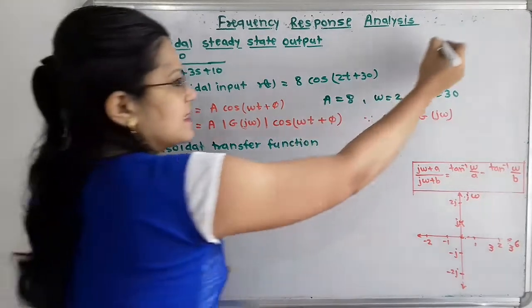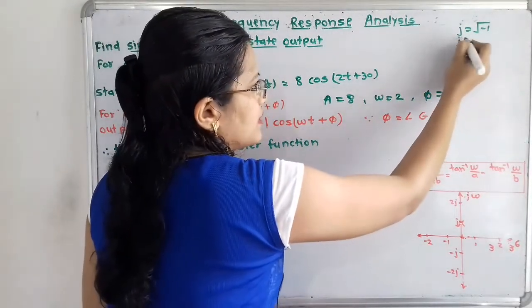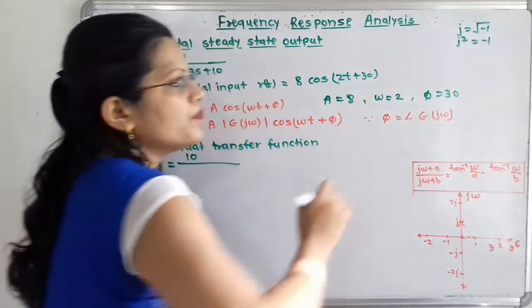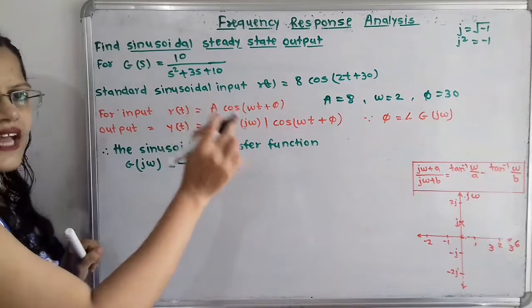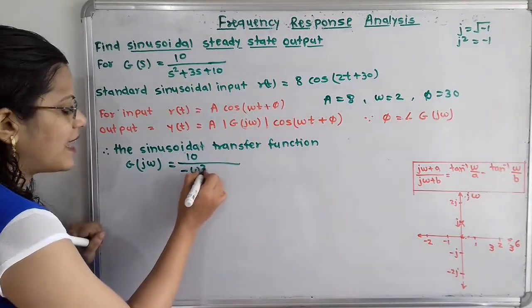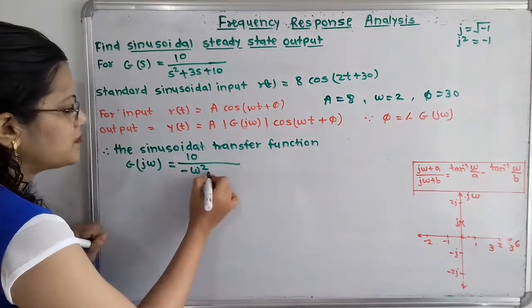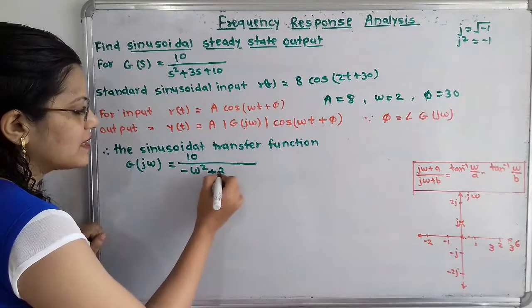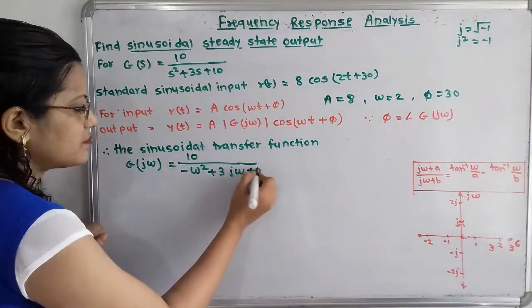So we know that the value of j is equal to under root of minus 1, and therefore j² is equal to minus 1. So here j²ω² is minus 1 into ω². So I will directly write here minus ω² into 3s, that is plus 3 into s, that is 3 multiplied by jω plus 10.